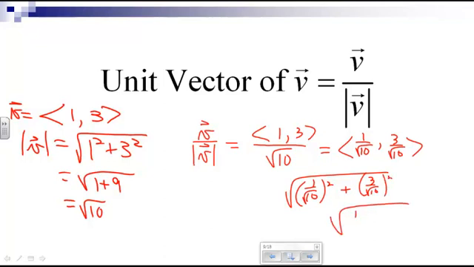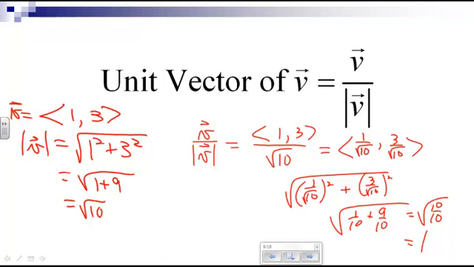I get 1/10 plus 9/10. I get the square root of 10/10, which is the square root of 1, which is 1, which is what we set off for. If we have two vectors, and I take the unit vector of both of them, and I get the same vector, it means that those two vectors are going in the same direction.